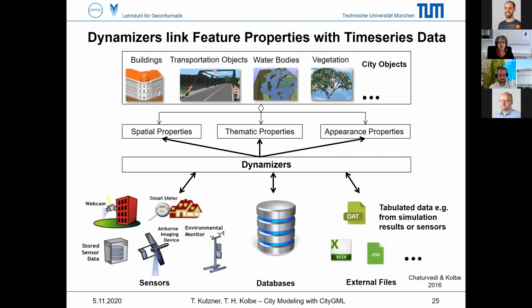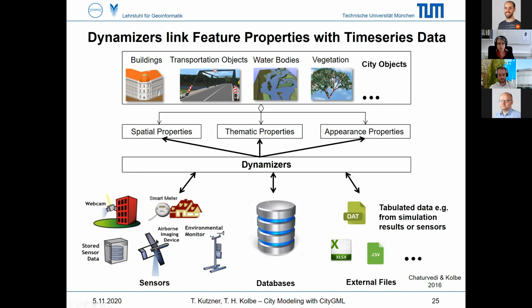And we introduced a concept called dynamizers in CityGML 3, and this allows you to link feature properties with time series data. So you have your city objects on top, like for example here the buildings again, and the buildings have spatial properties, geometries, they have thematic properties, and they also have appearance properties.